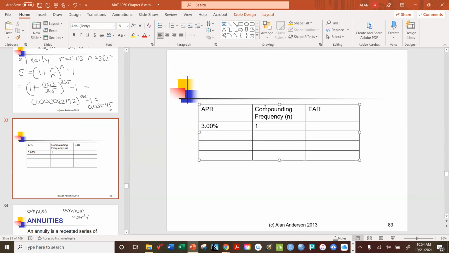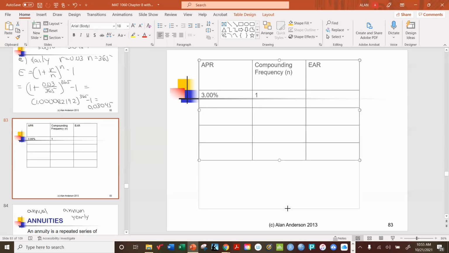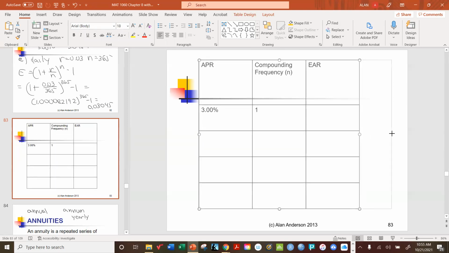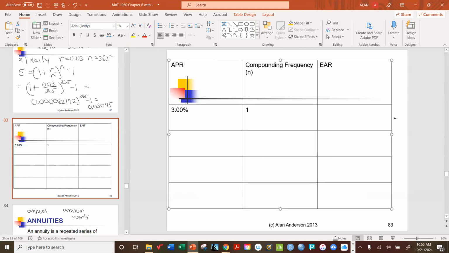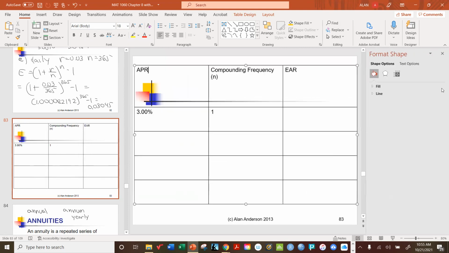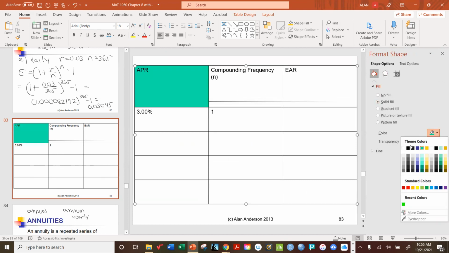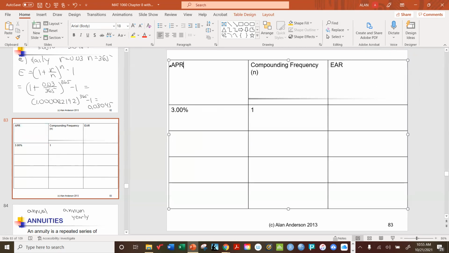Let's see if I can make this bigger. All right, let's get rid of that background. And that font is just a little too tiny.